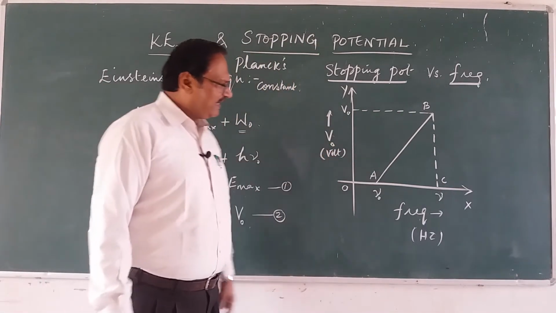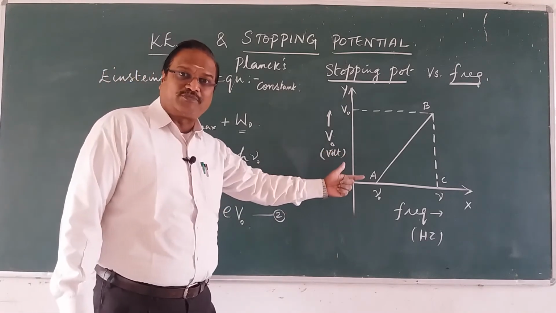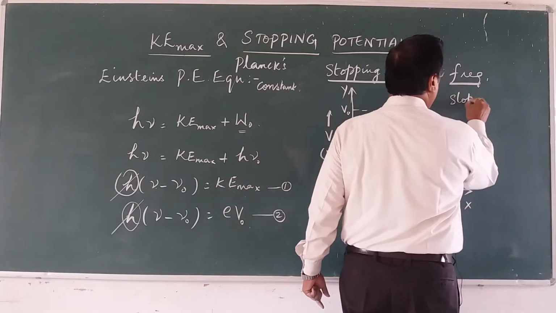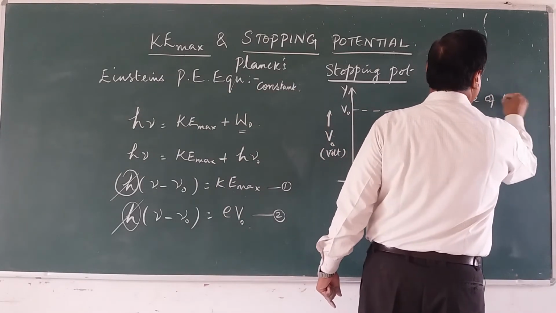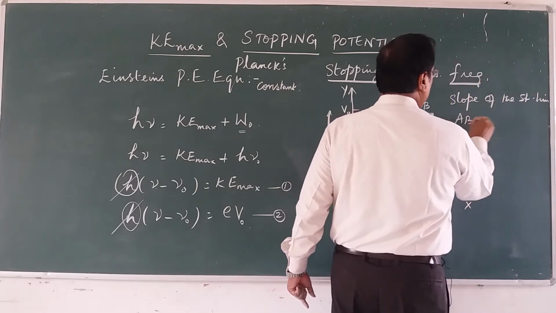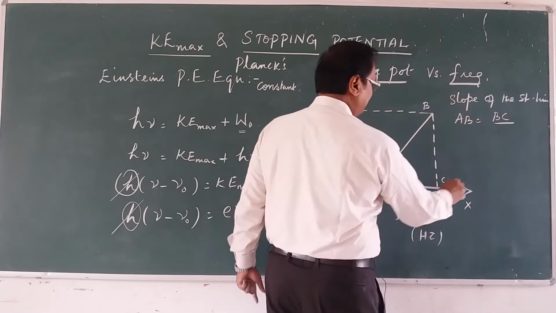And now again we can calculate from this; we can find the slope of the straight line AB, which is equal to BC upon AC.